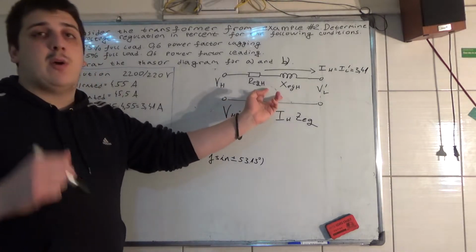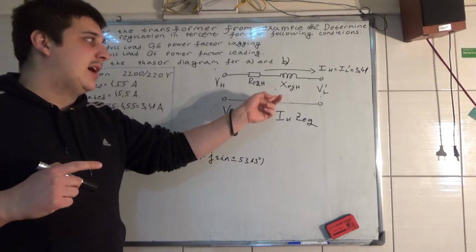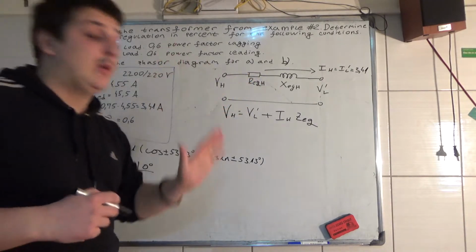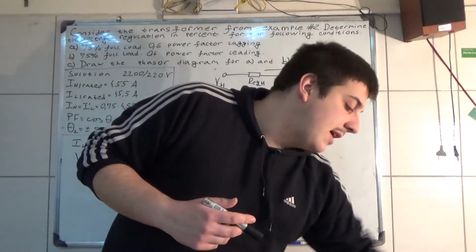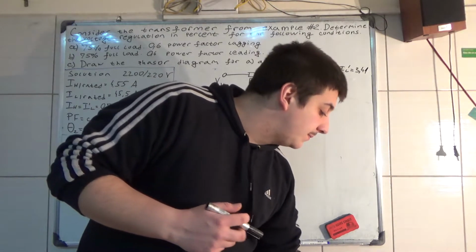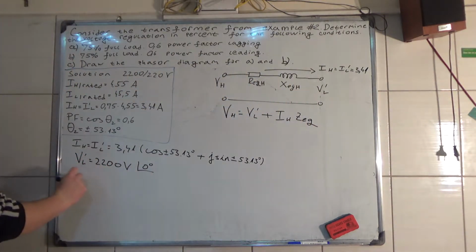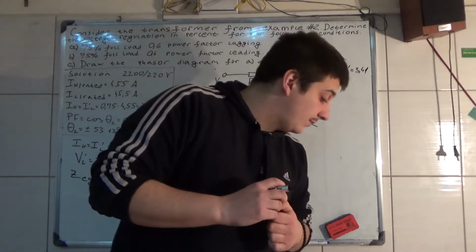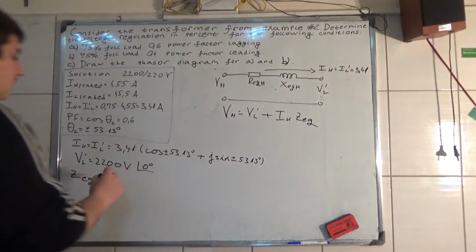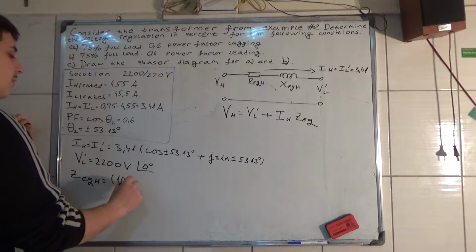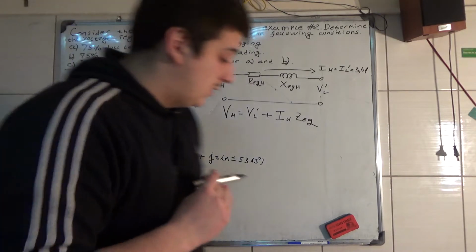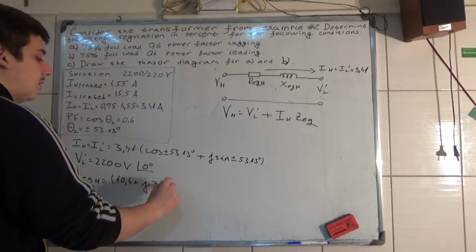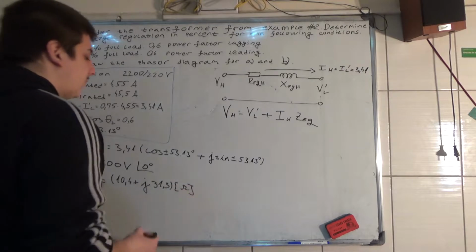Now, these are the values from example number 2, and this is the equivalent internal impedance of the transformer from the high voltage side, and the value of that was 10.4 plus j31.3 ohms.